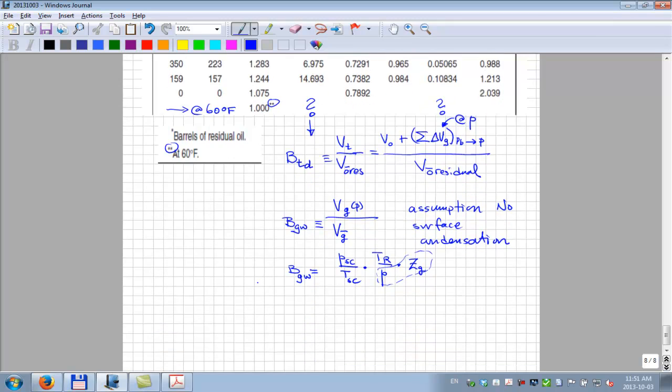And now that we have this term and this definition, we can actually calculate this term here, evaluated basically from bubble point to the particular pressure of interest, and evaluated at that particular pressure.